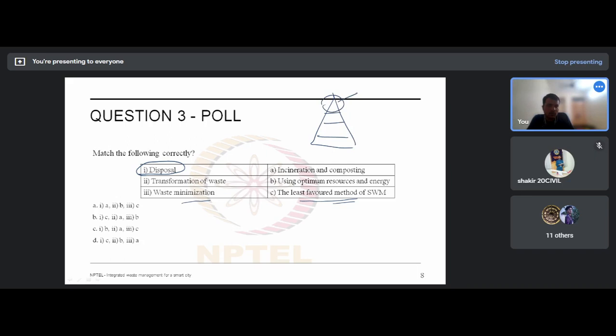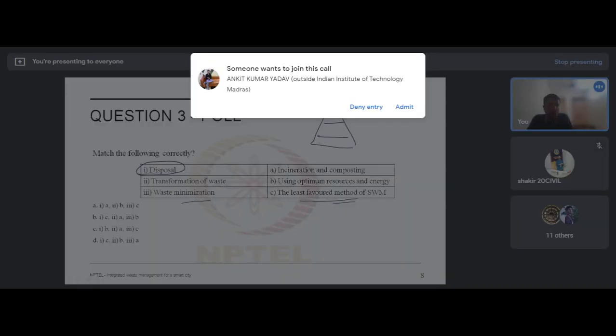The most preferred is reuse, where we try to reuse the materials we have been using, and the least preferred is the bottom part, that is disposal. So disposal can be matched with C. So we will have options B and D left, and we need to match one more to get the correct answer.